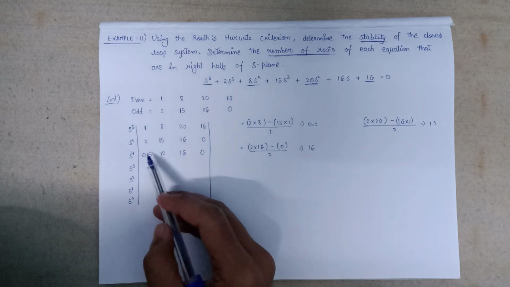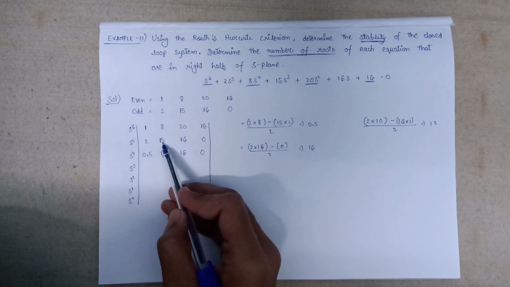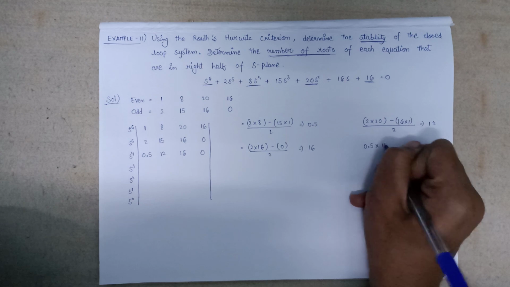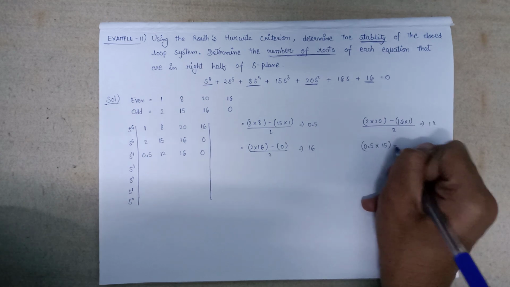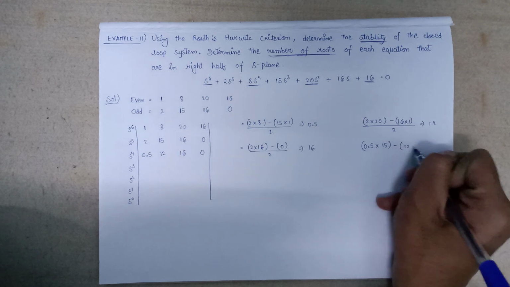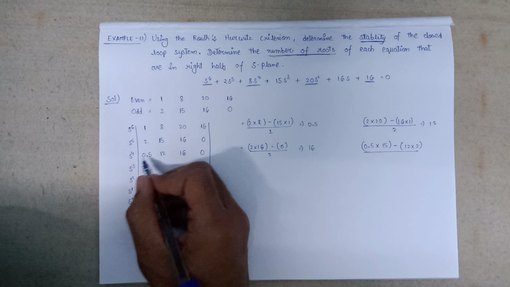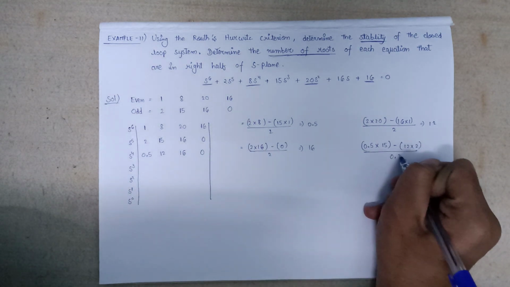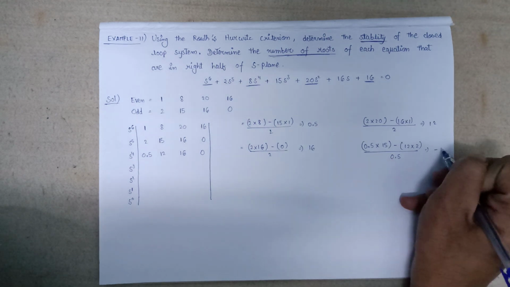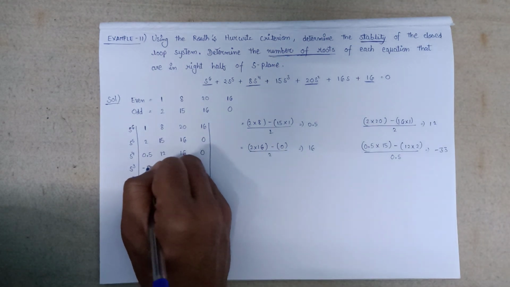There is no column for further multiplication, so we will write 0. After this, we will perform 0.5 into 15 minus 12 multiplied with 2, the whole term divided by 0.5. Here we get minus 33 as output, so minus 33 will be written here.